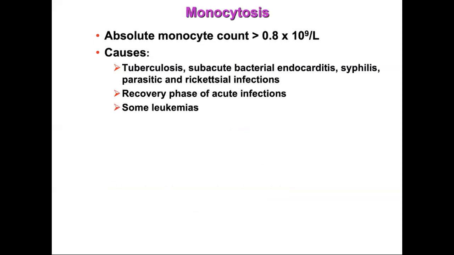or ulcerative colitis. Monocytosis is when the count is over 0.8, and you can see that in tuberculosis or subacute bacterial endocarditis, syphilis, parasitic or rickettsial infections, also in the recovery phase of acute infections, and in certain leukemias.